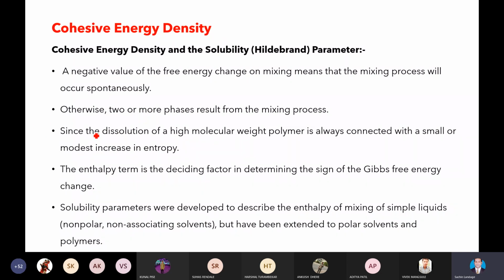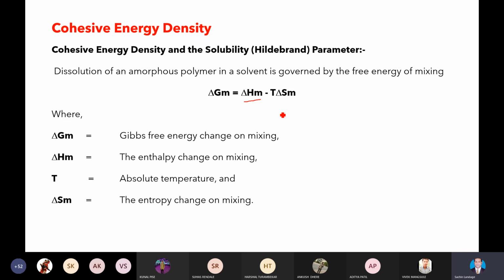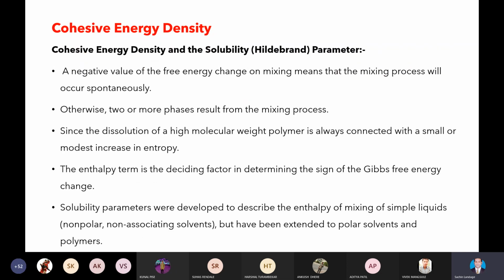Since the dissolution of a high molecular weight polymer is always connected with a small or modest increase in entropy, in our case this entropy term must always be higher than the enthalpy term. Then only are we going to get dissolution of the fiber. Otherwise, there will not be any dissolution of the fiber.